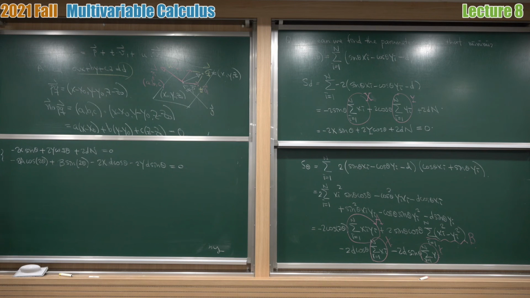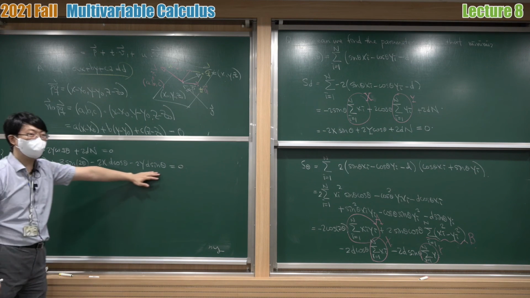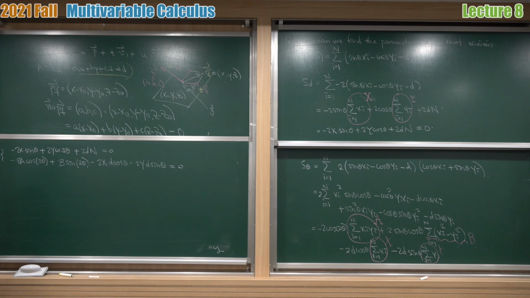If it was cosine, then I could have just replaced here. It's not getting complicated, right? So I didn't make any mistakes so far, right?